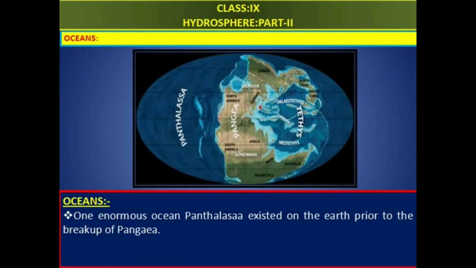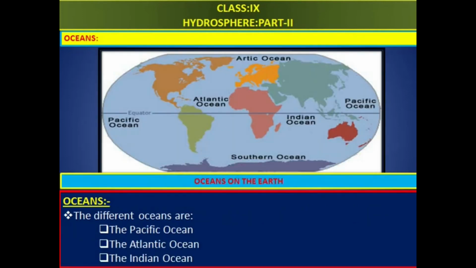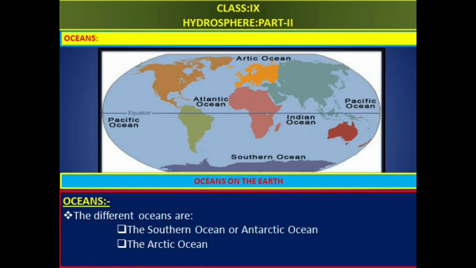One enormous ocean, Panthalassa, existed on the earth prior to the breakup of Pangaea. The huge ocean can be divided into 5 different oceans. They are the Pacific Ocean, the Atlantic Ocean, the Indian Ocean, the Southern Ocean or Antarctic Ocean, and the Arctic Ocean.